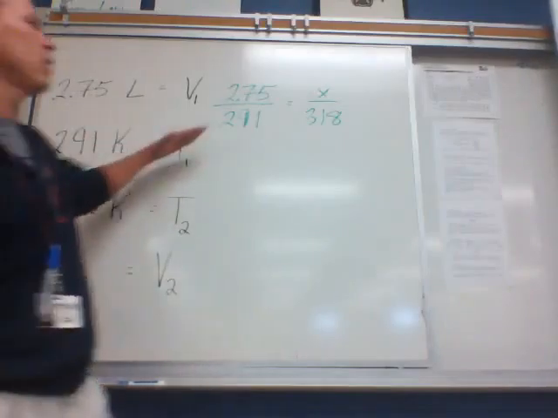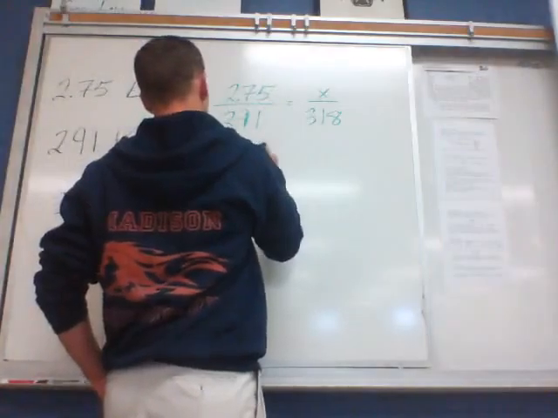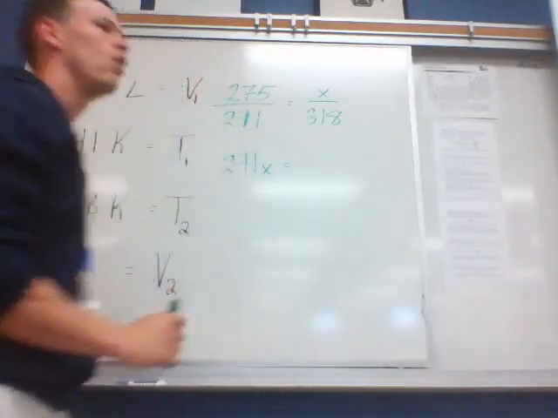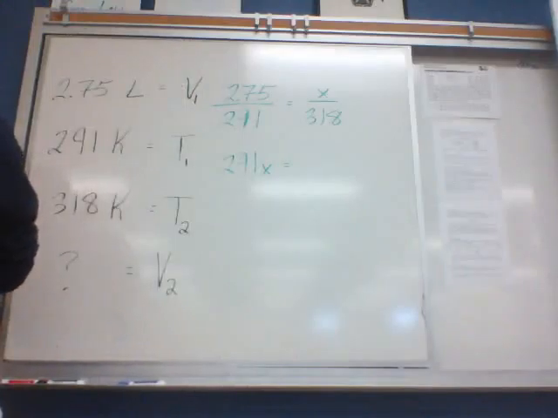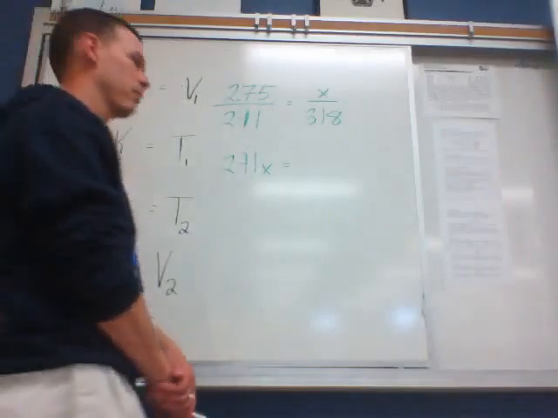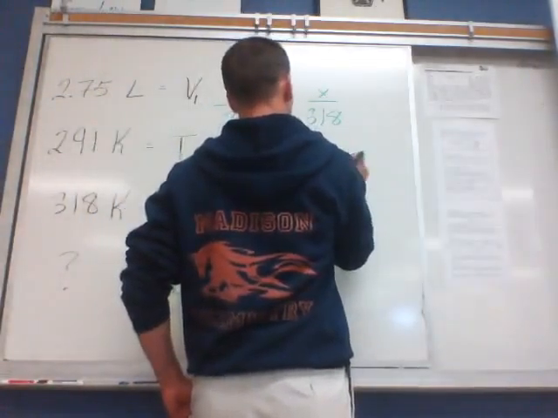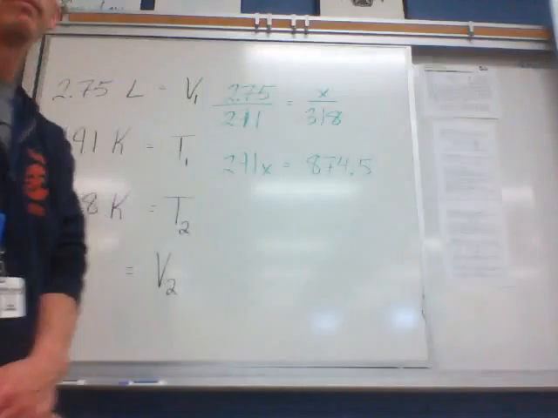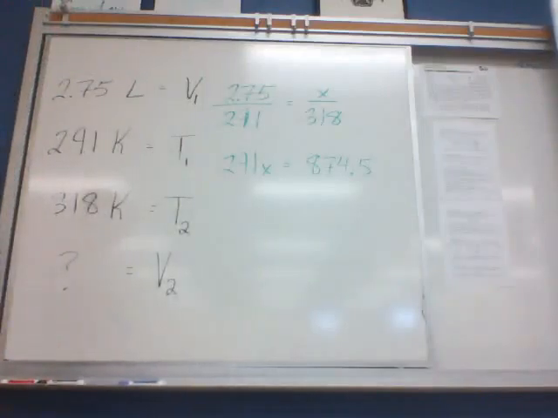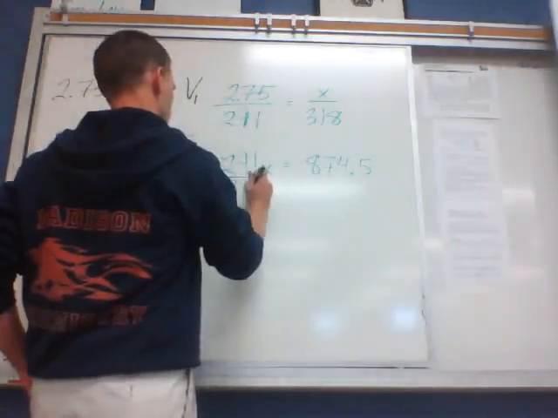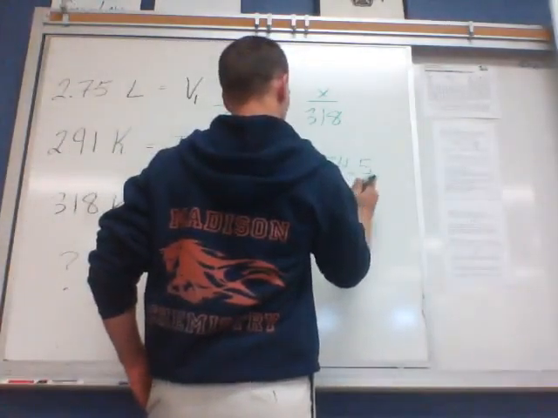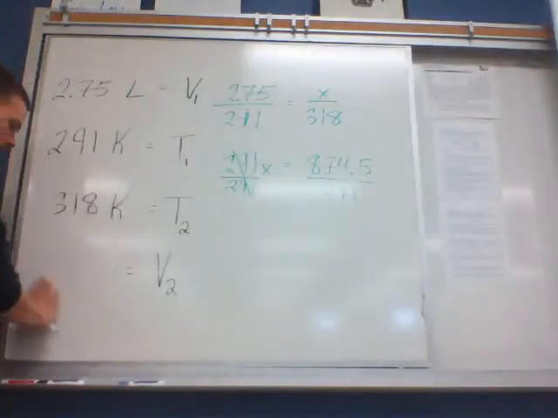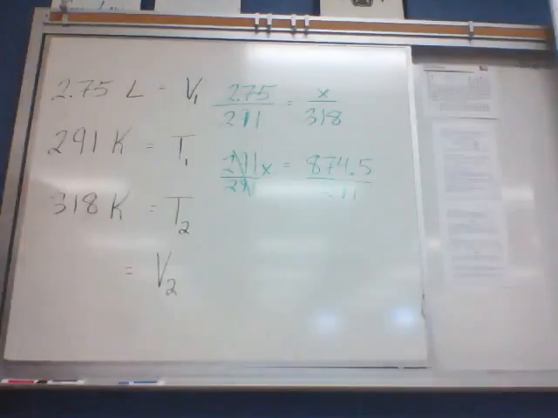Cross multiply. 291 times X is 291X, thank you. 2.75 times 318. You slipped the decimal there. 874.5. Divide by the number connected to the X on both sides. I get 3.01 liters.